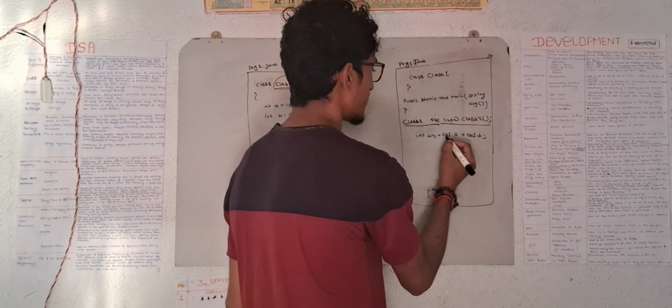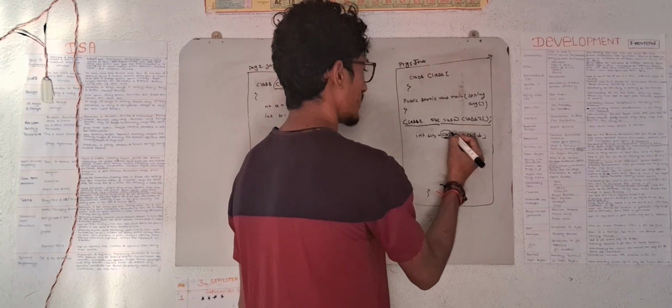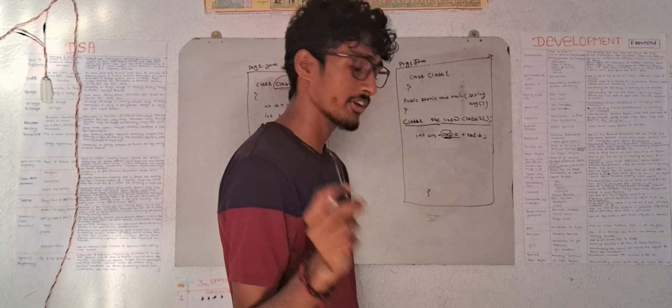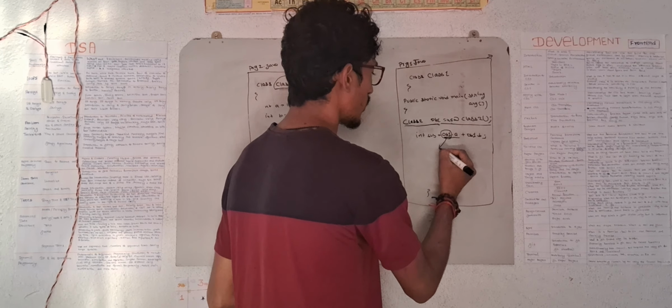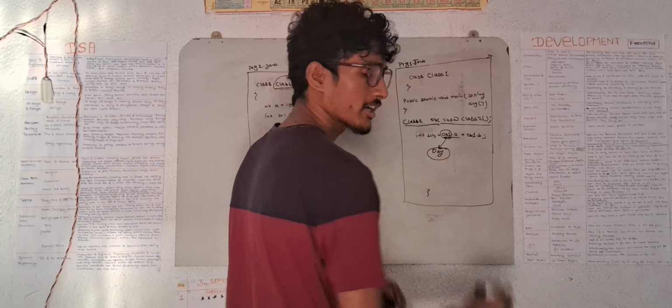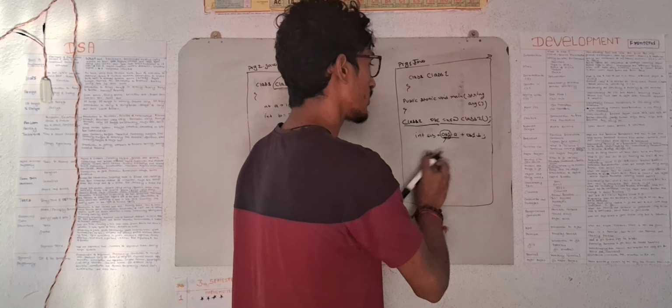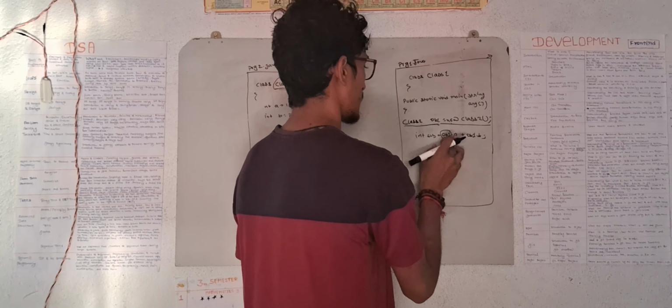It means from object 1, I want the value of a which is present in this object, to calculate the sum of a and b.